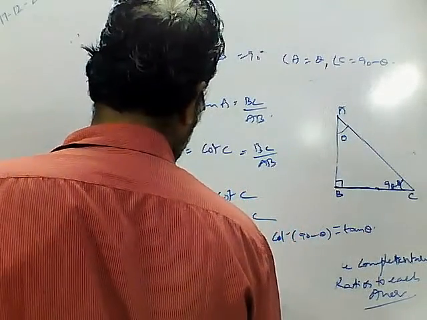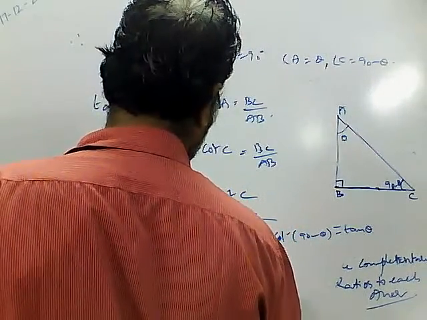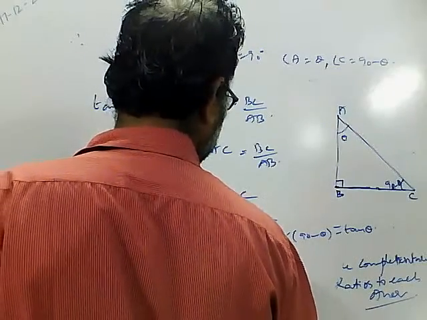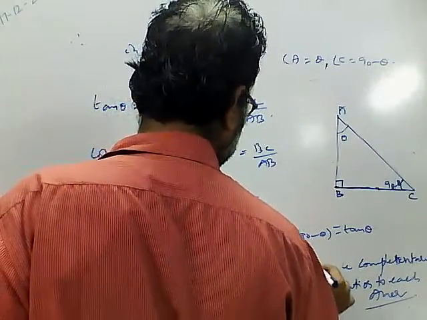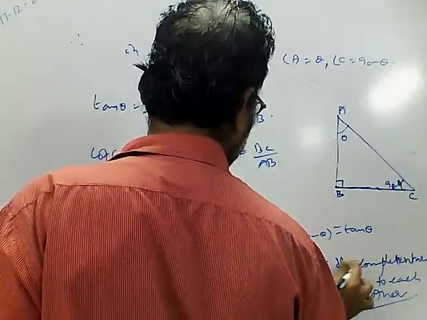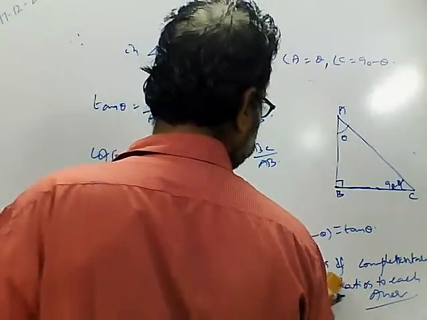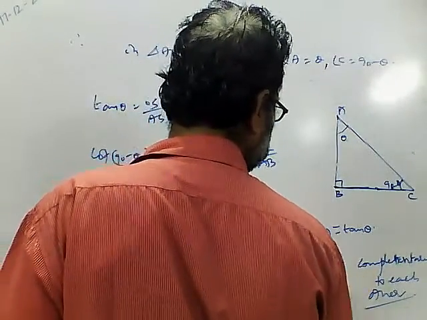Therefore, tan and cot are T ratios complementary to each other.